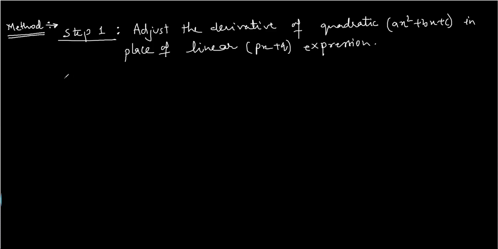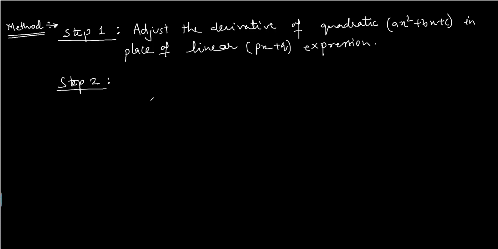Step 2. There you had written: split the denominator. After you had adjusted the derivative of the quadratic in place of linear, you see that the derivative of quadratic is visible in the numerator.